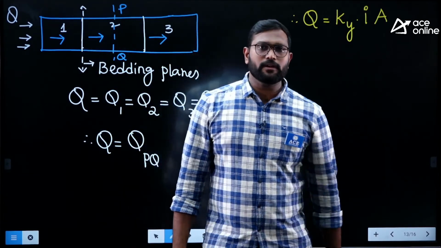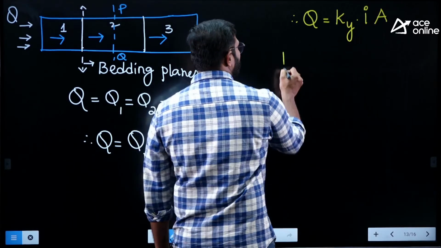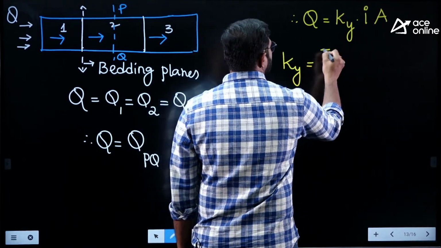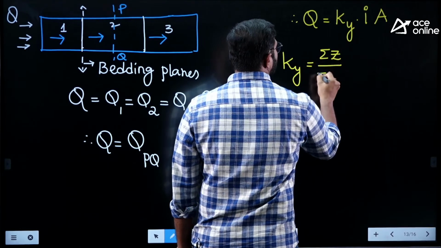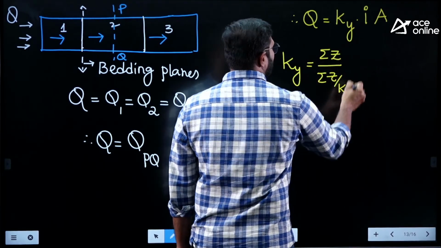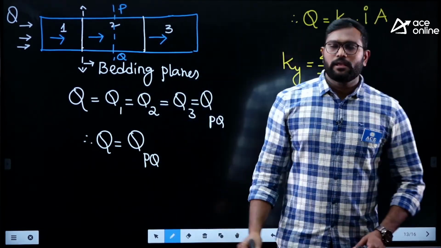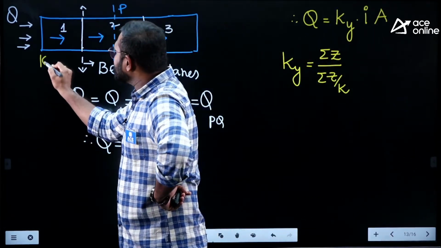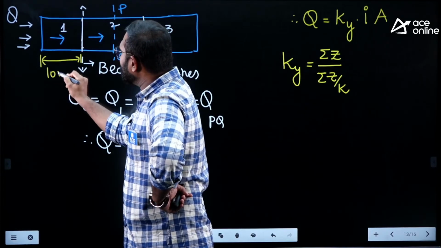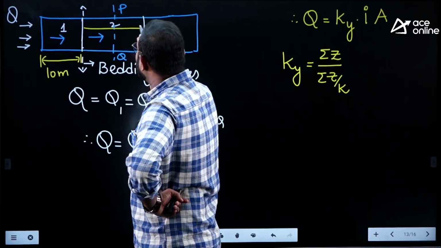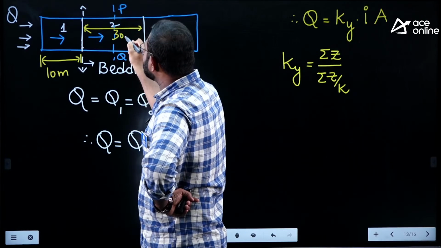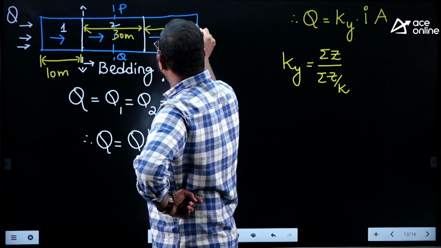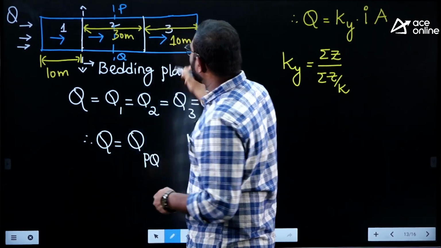As the flow is perpendicular to the bedding plane, I know this Kv is nothing but summation of Z by K. But do remember, here I have given you Z as a length. So what is the first soil length? This is 10 meters. What is the second soil length? This is 30 meters, and the third soil is again 10 meters.